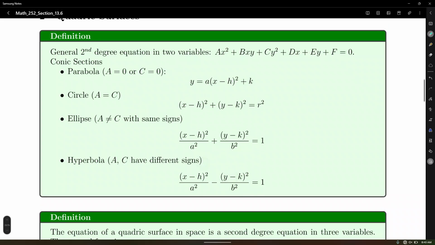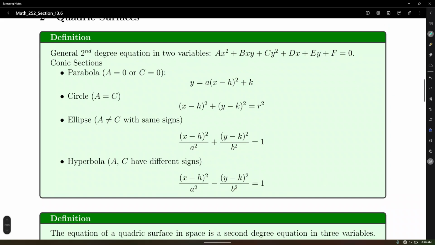All right, well, let's have a look at this. Let's talk about this equation in general. That's the general second degree equation in two variables that gives rise to the conic sections. Except that in our intermediate algebra, or even in our pre-calculus course, we consider this equation for the case where b equals 0.